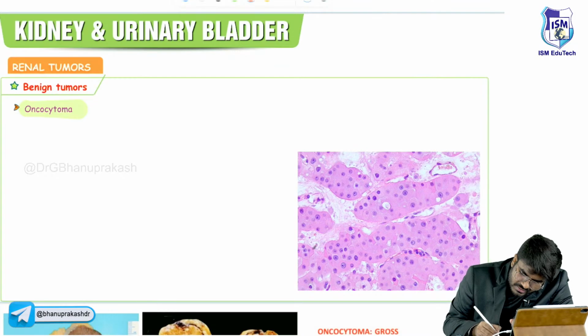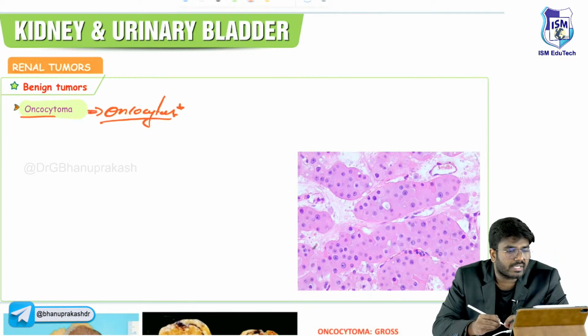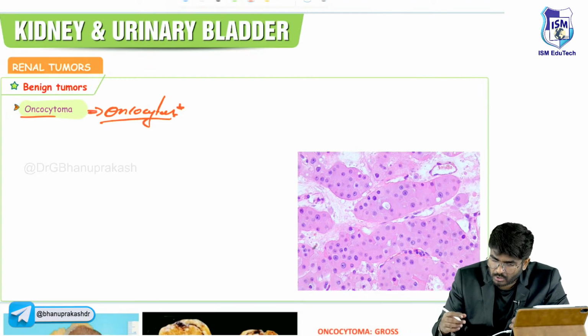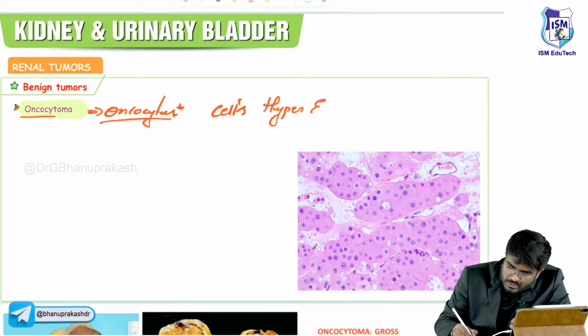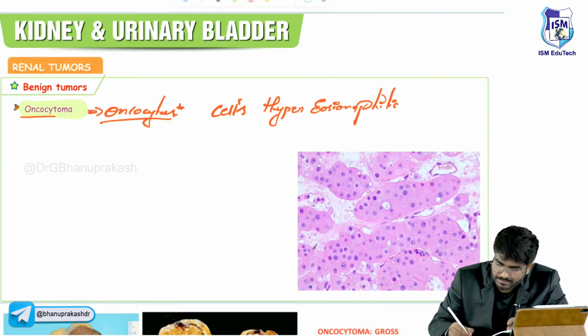Okay, so if you ask, what are oncocytes? The oncocytes are nothing but cells with hypereosinophilic cytoplasm.